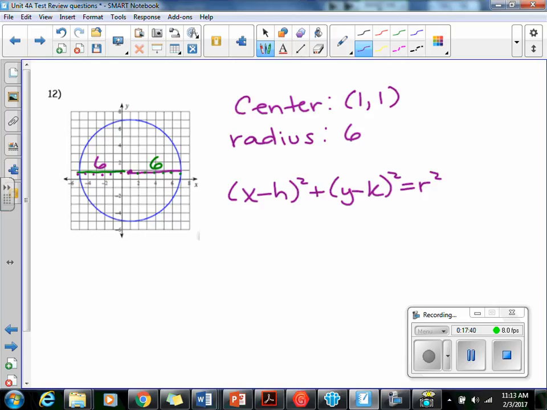You change them. What do you do with the radius? You square it. All right, so when I plug in, that's going to be x, what? Minus 1 squared plus y minus 1 squared equals 36, because that's 6 squared. And that's your answer for this problem. Any questions?